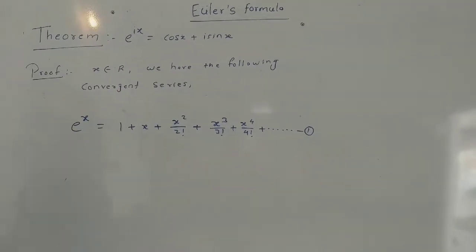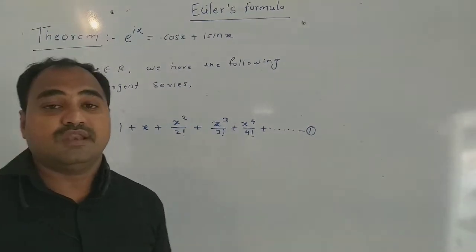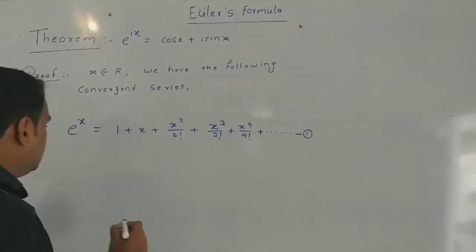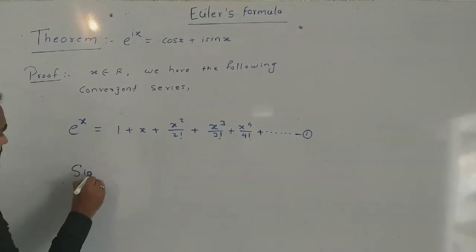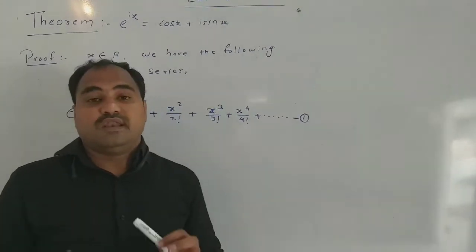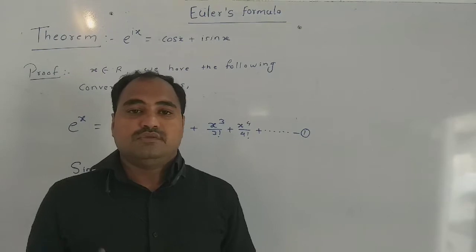In the Taylor expansion, we have to get two functions. One is sin x and the other one is cos x. Sin x is an odd function and cos x is an even function.